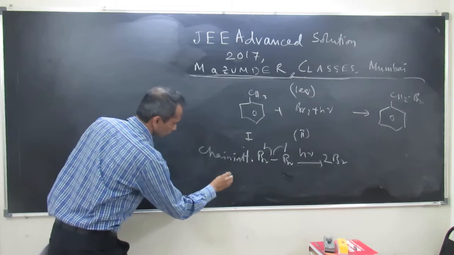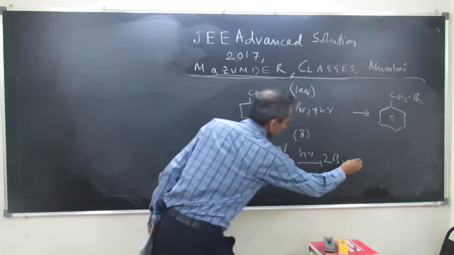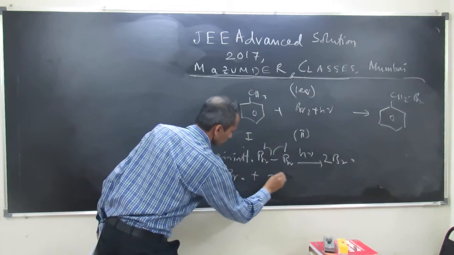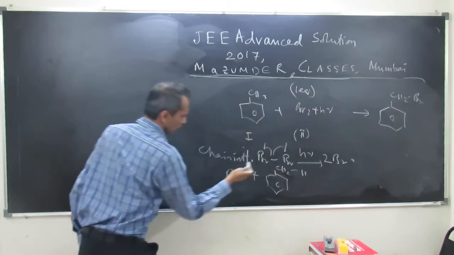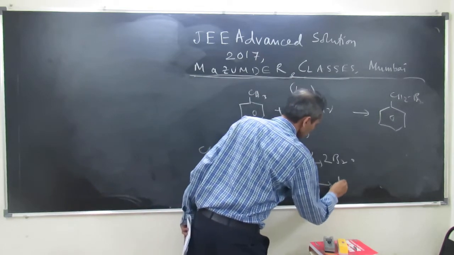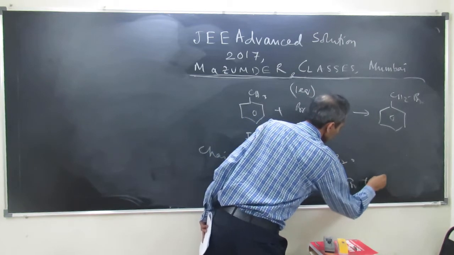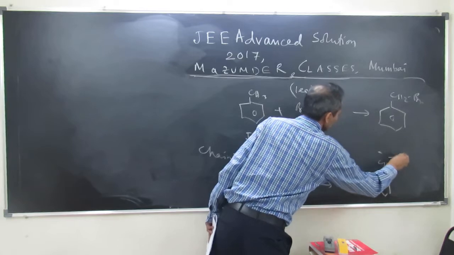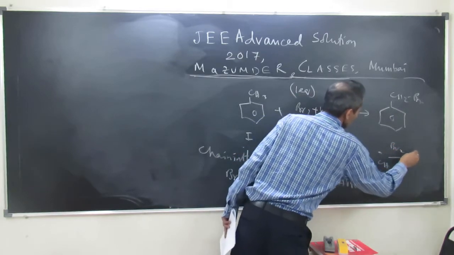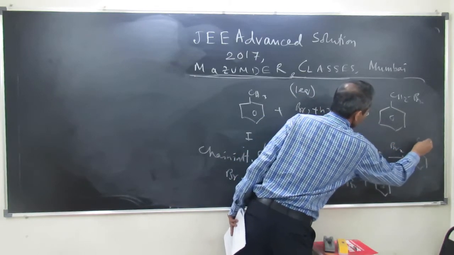Then chain propagation happens with bromine dot plus toluene: the H and Br go to form HBr, giving the benzyl radical. This will react again with a bromine molecule to give benzyl bromide, CH2Br.